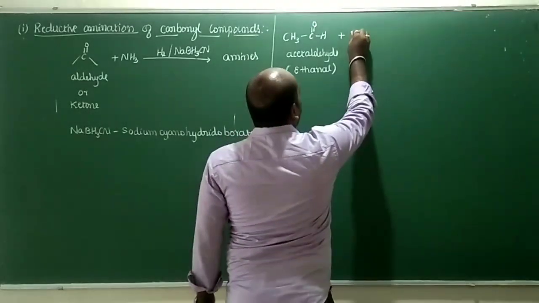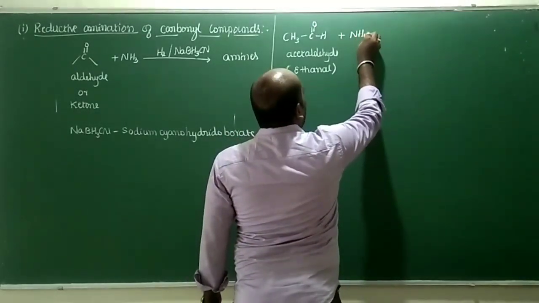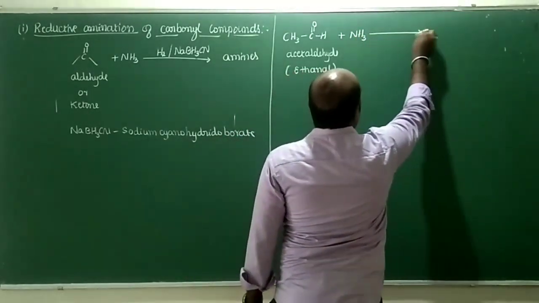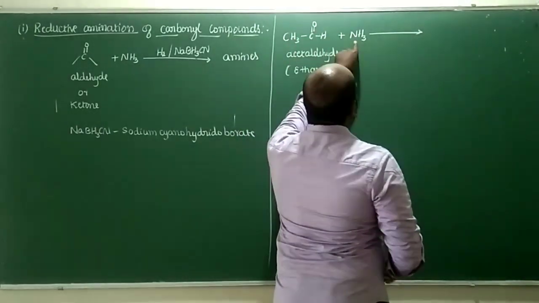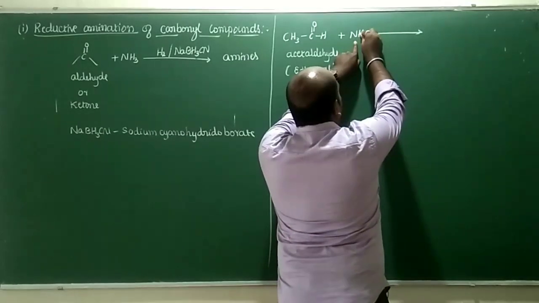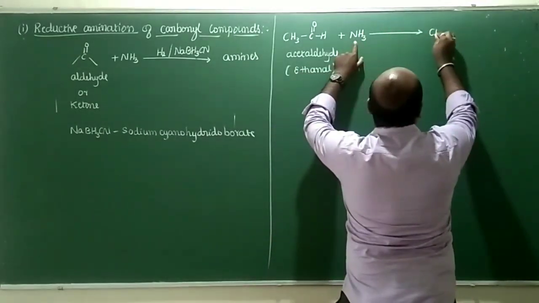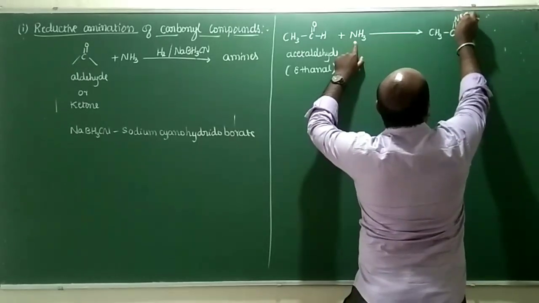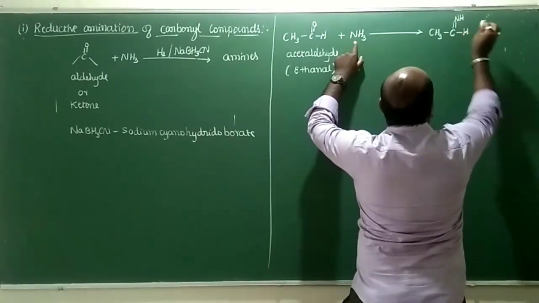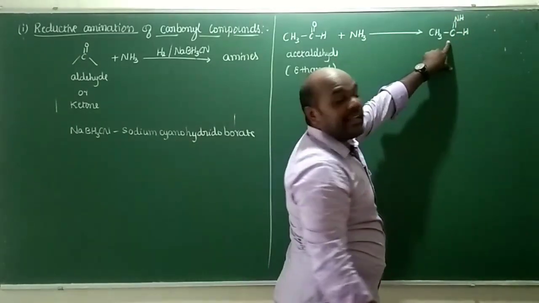Here the aldehyde will first react with ammonia. This is a carbonyl compound. When a carbonyl compound is made to react with ammonia, first we are going to get an imine like this. This is an imine.